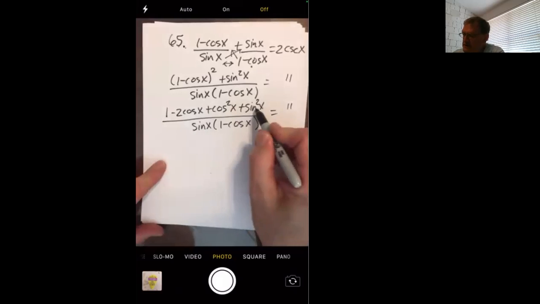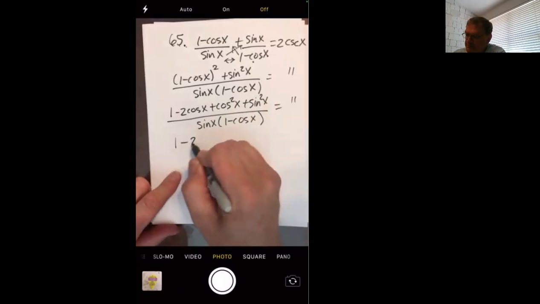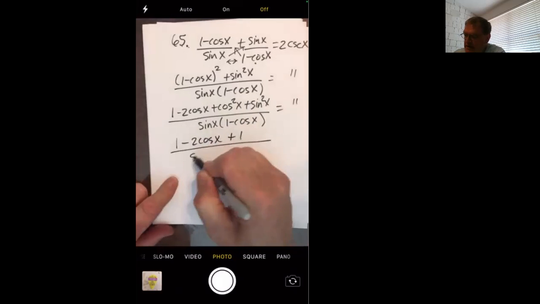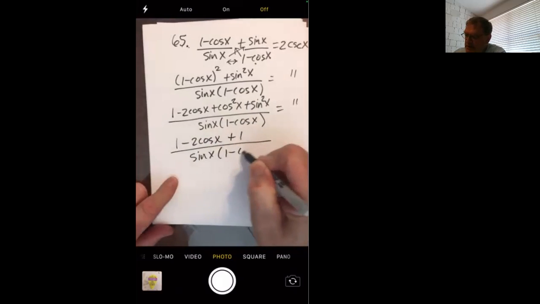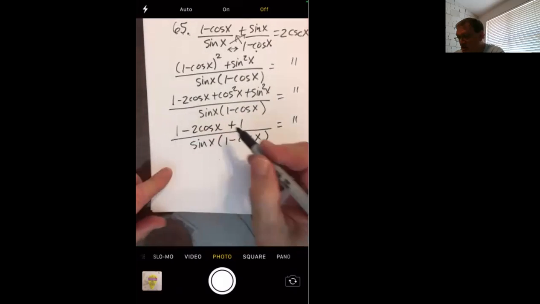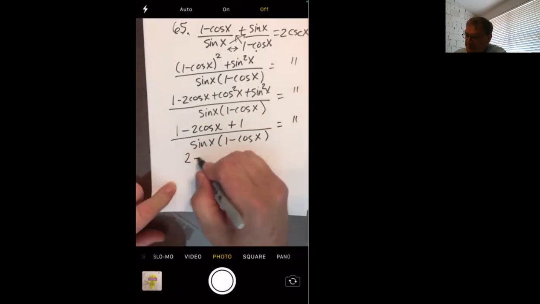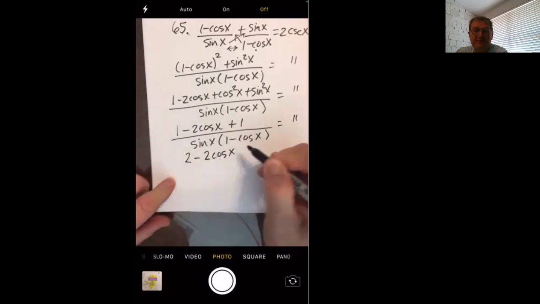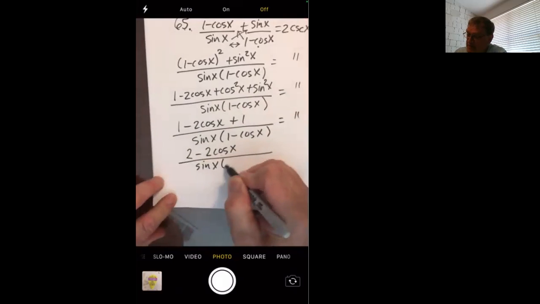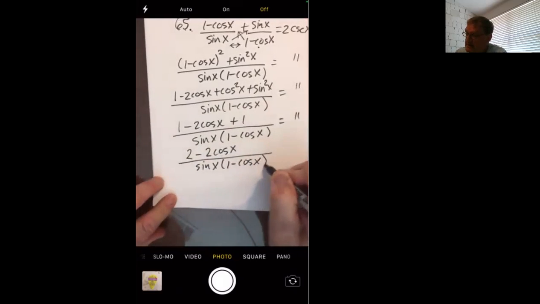Your cosine squared plus sine squared, that's your 1. Add 1 all over your sine x, cosine x. 1 plus 1 is 2. Or to be Captain Obvious, sine x, 1 minus cosine x.